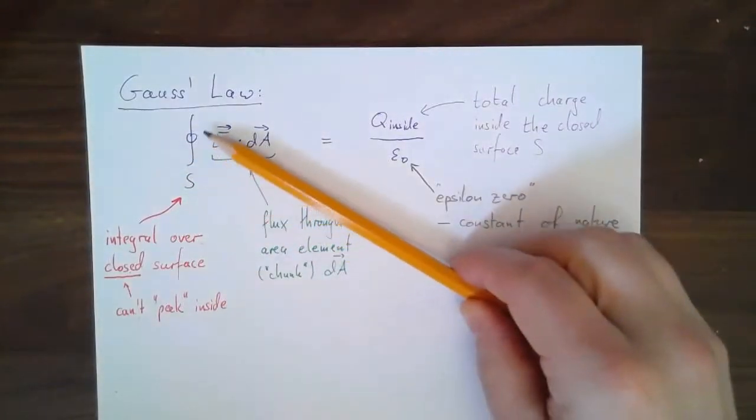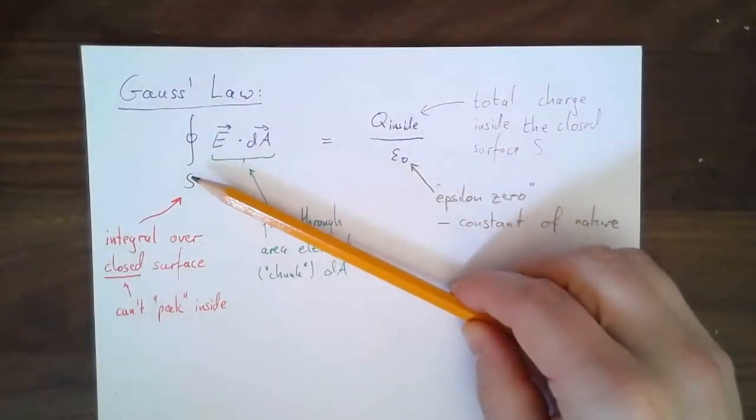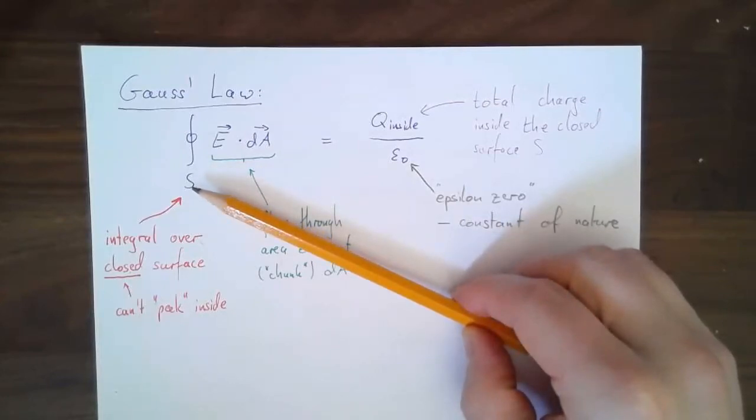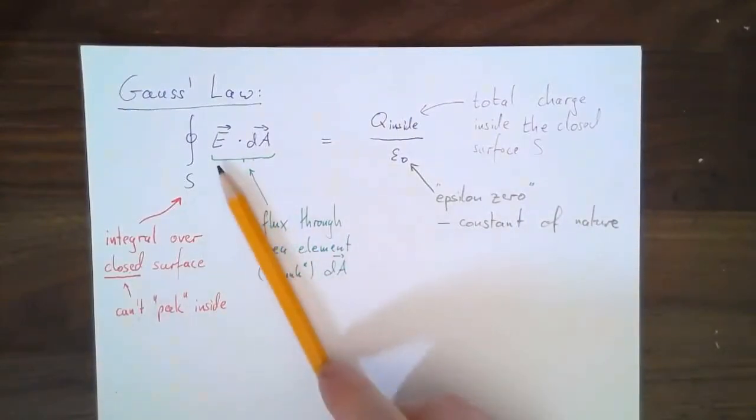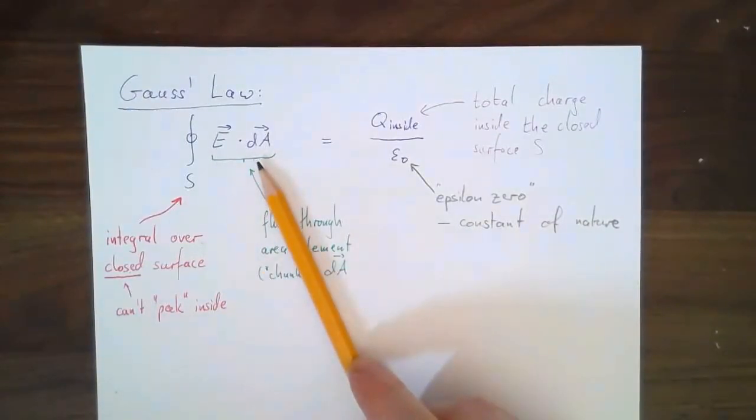But remember, taking the integral means we're doing some kind of sum. We're summing up such that in the end we've summed up some quantity over all the different bits that make up that area. And the thing we're summing up is the electric flux. If you don't know what it is, again, go back to the first video where I explain this in detail.